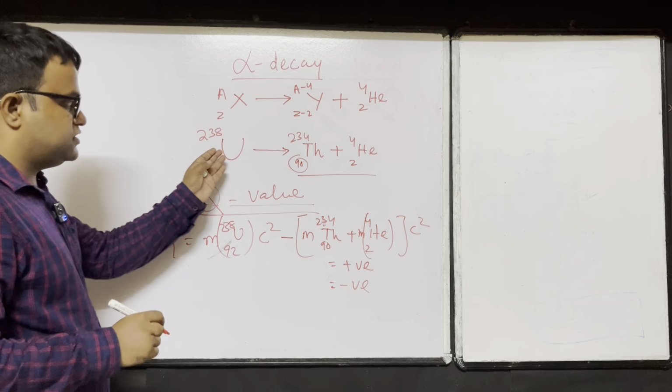234.04363. You might think, why are we taking so many digits? Because the variation, the difference, will be very small. Only when we multiply by c square will we get a large number.